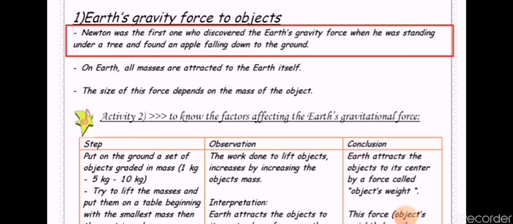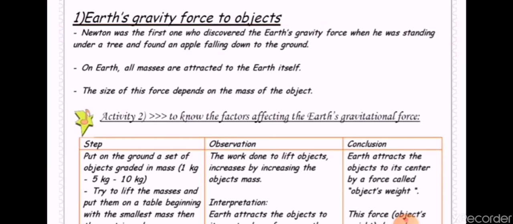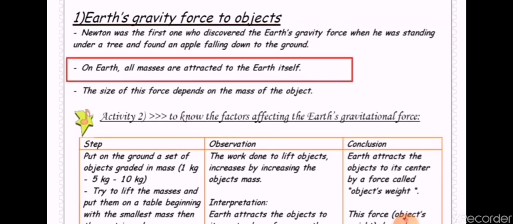The gravitational force. Who discovered the gravitational force? Newton. Newton was the first one who discovered the Earth's gravitational force when he was standing under a tree and he found an apple falling down on the ground.